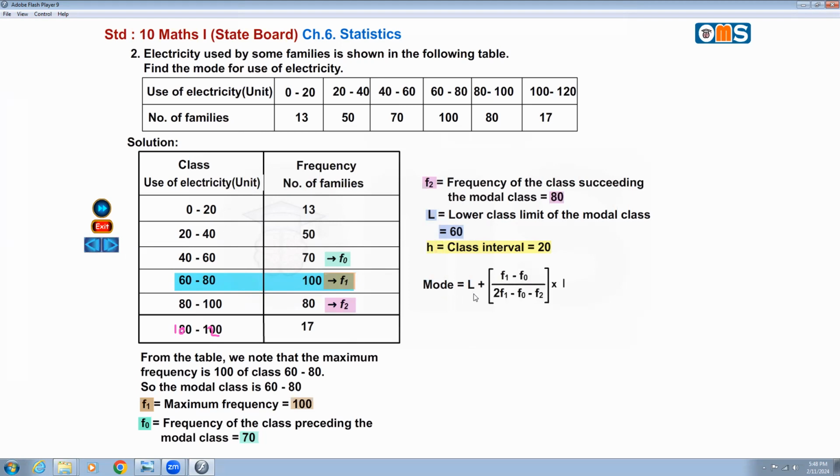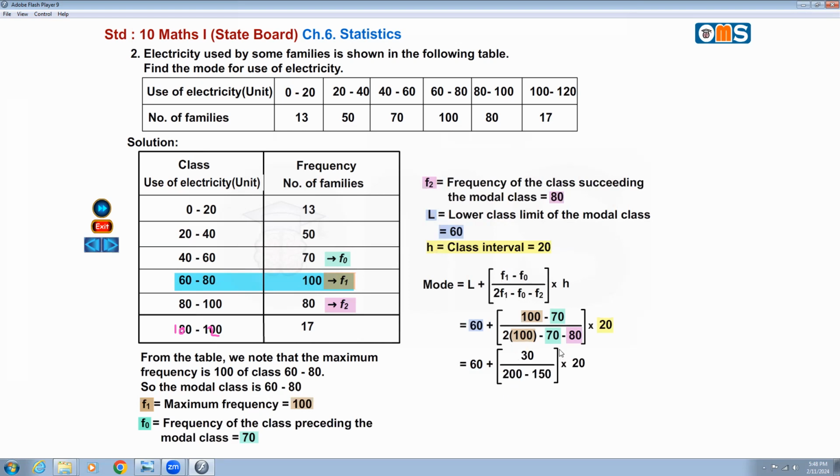Mode is equal to L plus (F1 minus F0) divided by (2F1 minus F0 minus F2), into H. That's your formula. Substitute the values. L is 60, F1 is 100 the maximum frequency, F0 is 70, so 100 minus 70. 2F1 is 2 into 100 minus F0 which is 70 minus F2 which is 80, into H which is 20. Substituted, okay. 60 as it is, 100 minus 70, that is 30.